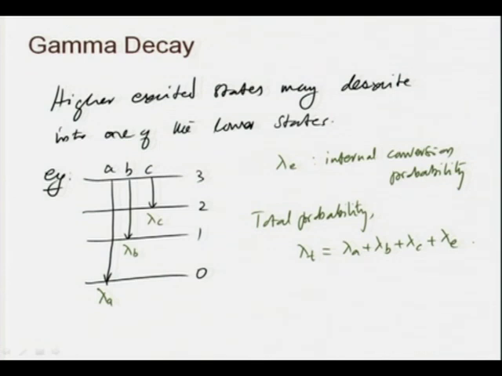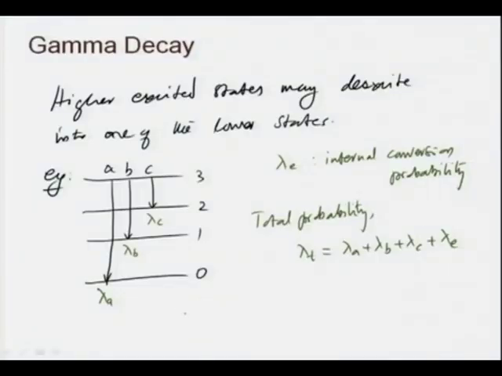Even in the case of lambda A, it could be electric and magnetic together, like we saw in the example of hafnium. Now the half life of de-excitation of the third excited state is simply log 2 over lambda total.